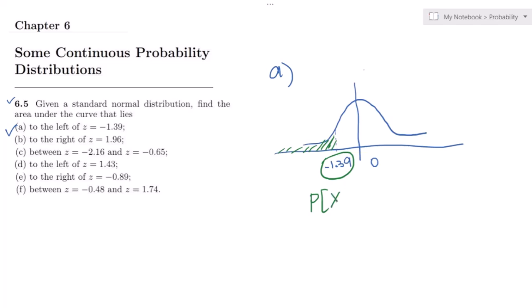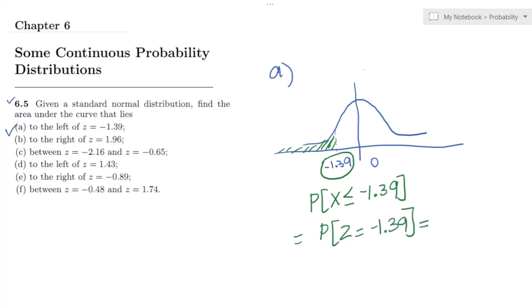This is the probability that x is less than or equal to minus 1.39, which is equivalent to the probability that z is less than or equal to minus 1.39. We have to find this value.